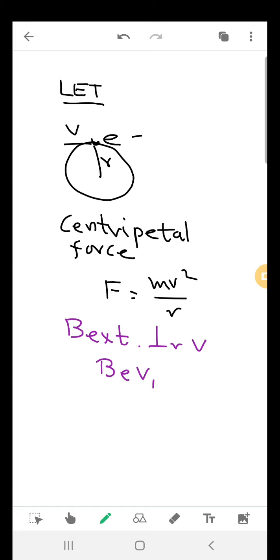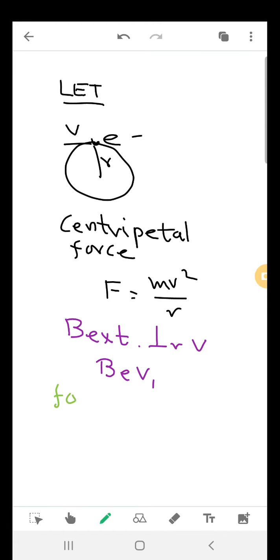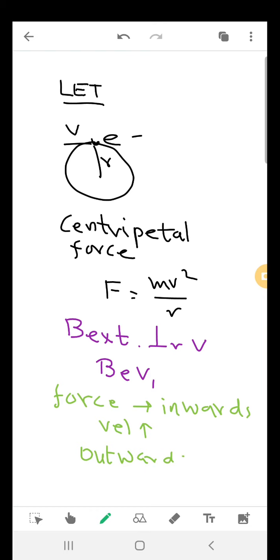When the force is acting inwards along the radius, the velocity increases, or when the force is acting outwards, naturally the velocity decreases.